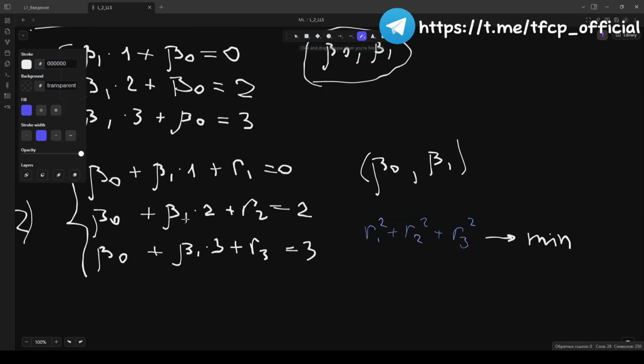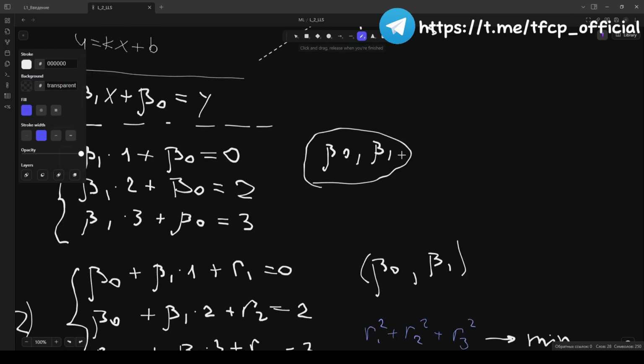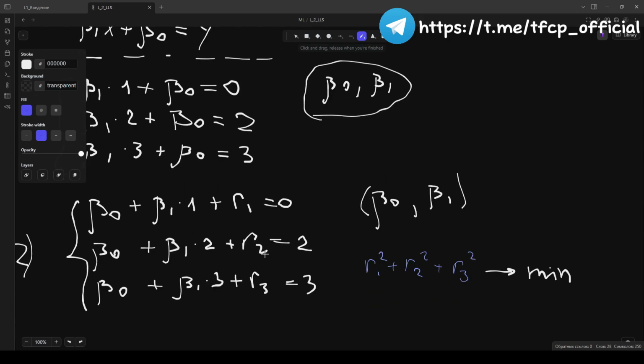This system has solutions, and the solutions will vary depending on the values of R1, R2, and R3. That is, these points are fixed: 1, 0, 2, 2, 3, 3. We cannot change them. Beta 0, beta 1 are the solution. We are looking for them. These three numbers remain: 1 real, 2 reals, 3 reals.